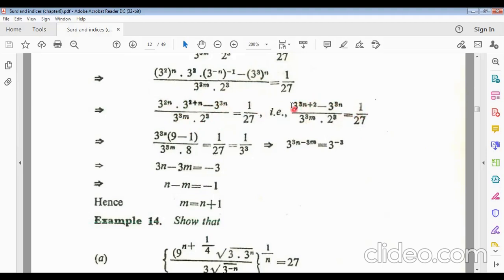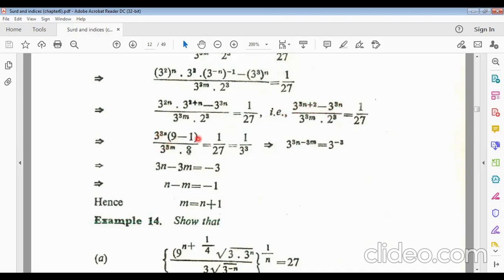Okay, this equals 1 by 27. Now these 3 to the power can be distributed: 3 to the power thrice n into 3 square minus 3 to the power thrice n.